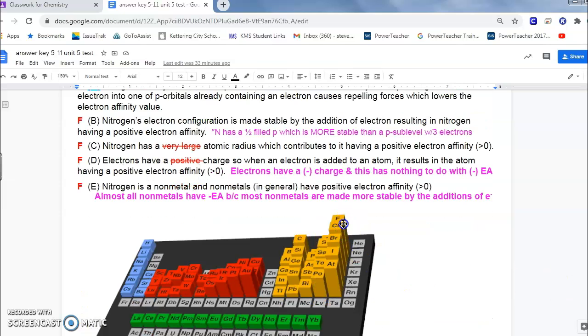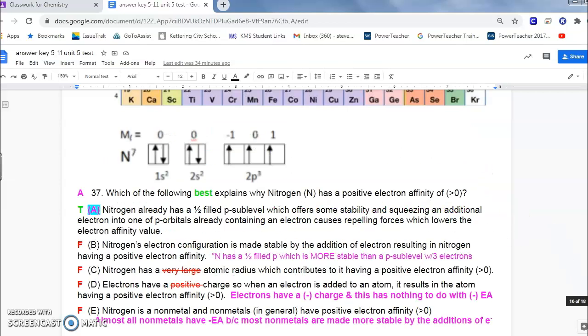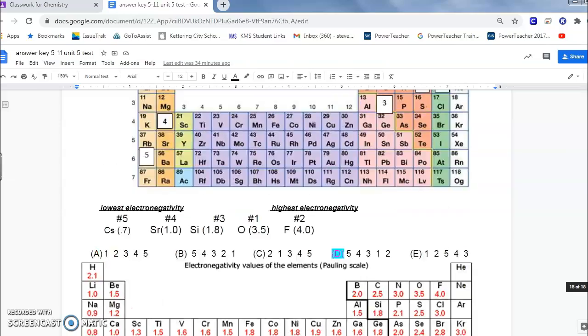Why is fluorine less than chlorine? Because it's too small. If it was just a little bit bigger, it would be higher, but it's too small. Oxygen's too much smaller than sulfur. That's why you can't even see oxygen on this chart. It's so much smaller than sulfur that it's hard to squeeze it in. Nitrogen has similar reasons. Boron has similar reasons. They're almost too small. The cloud's too small to squeeze an electron into it.